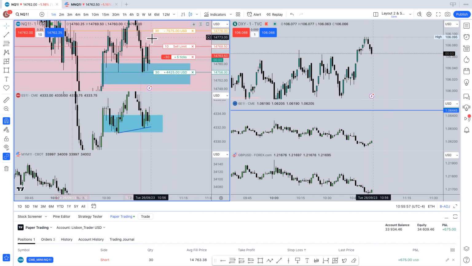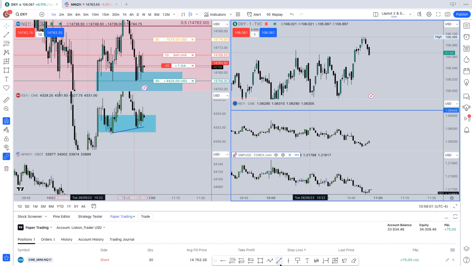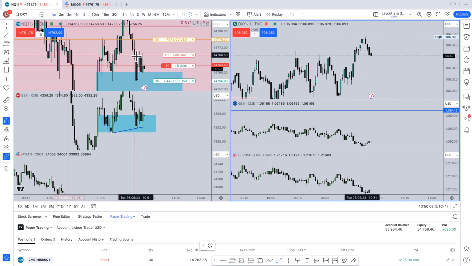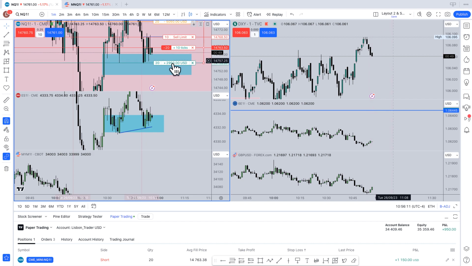So we have a small eye of it here. Seems so. These wicks, these so-called mohawks, as per ICT.